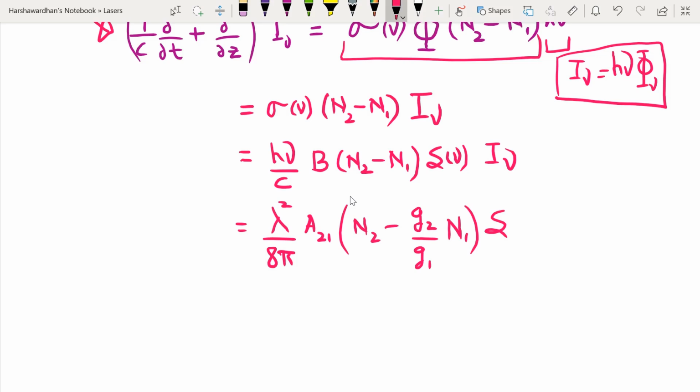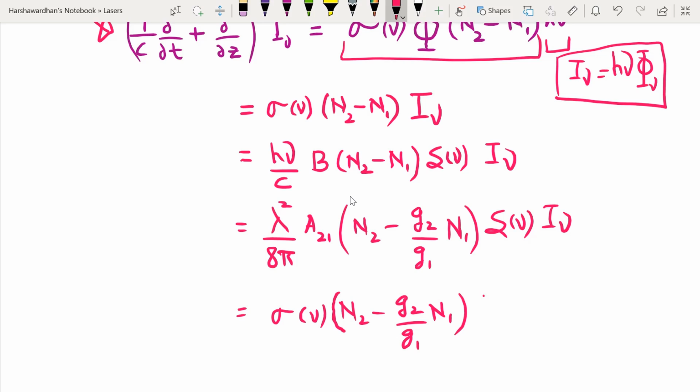I will come to that in just a moment, but essentially all of these formulas state exactly the same thing. And in the event that G2 and G1 are 1 or equal, it just turns out to be N2 minus N1. So succinctly, I can simply write this as sigma nu, G2 by G1 N1, times I nu.